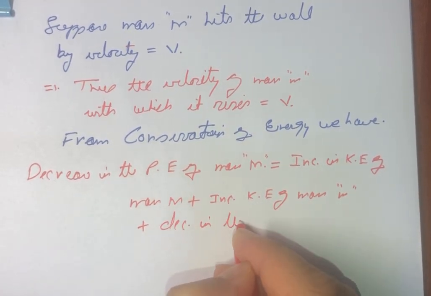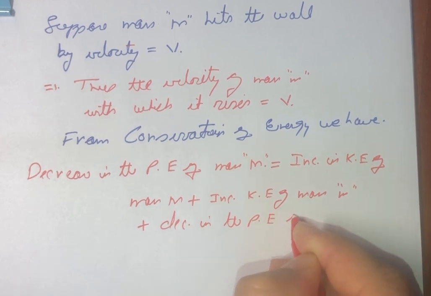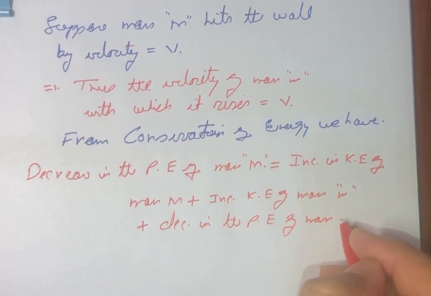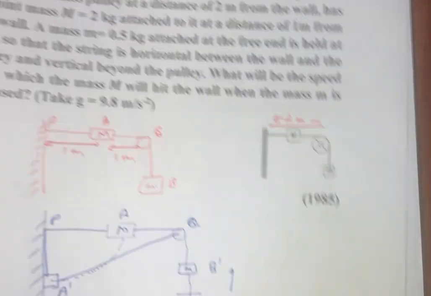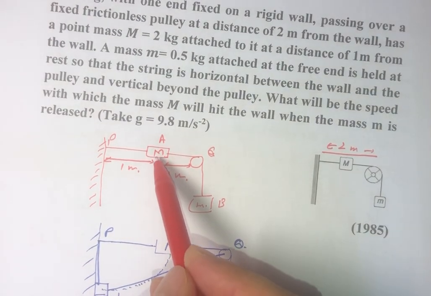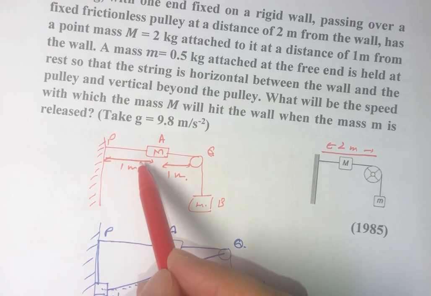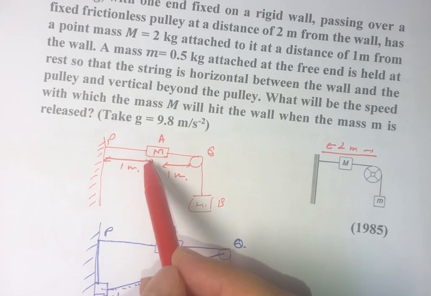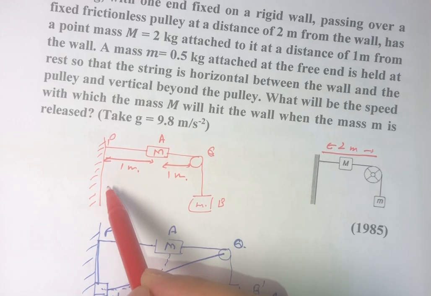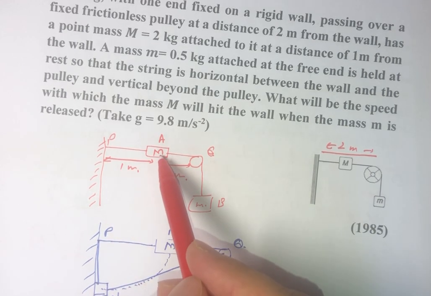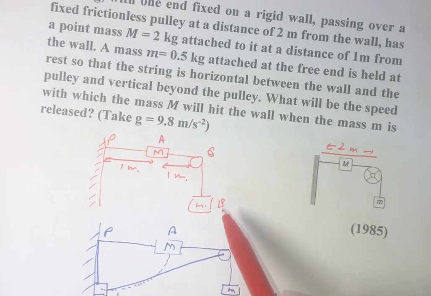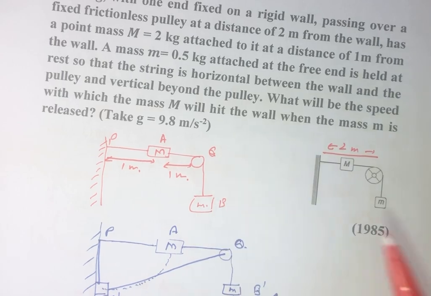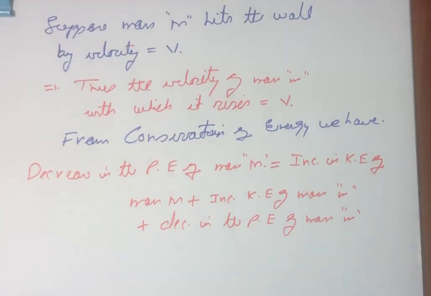So capital M has a reduction in height and therefore a decrease in its potential energy, which equals the increase in its kinetic energy, the increase in the potential energy of small m, as well as the increase in the kinetic energy of small m.